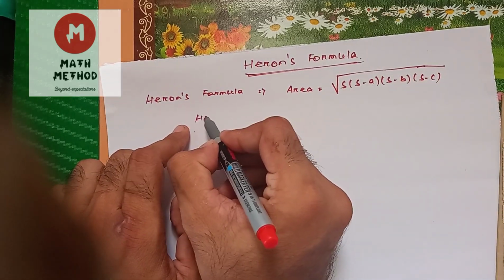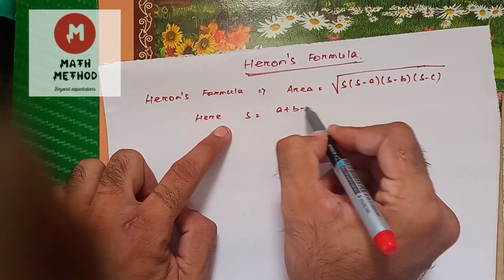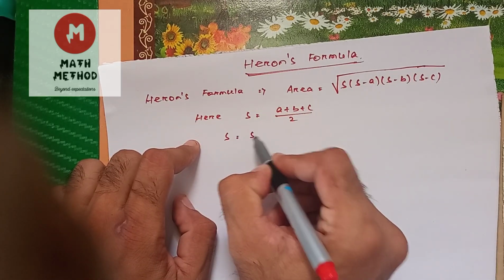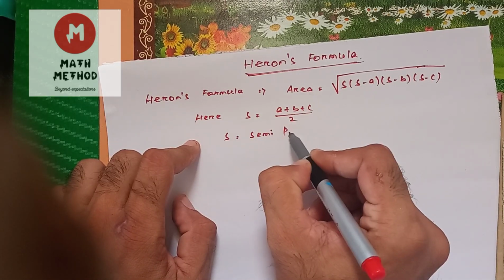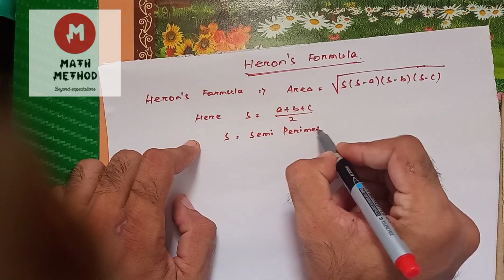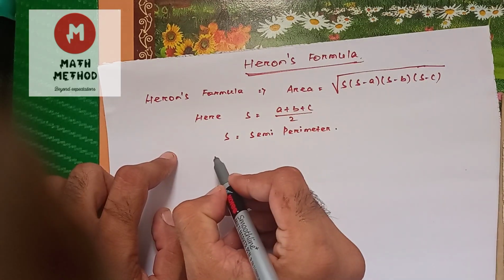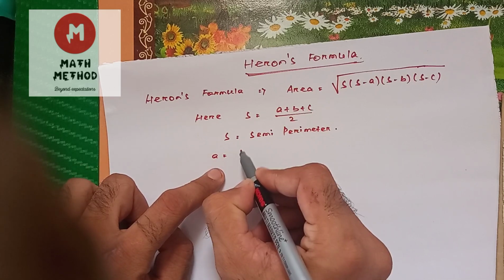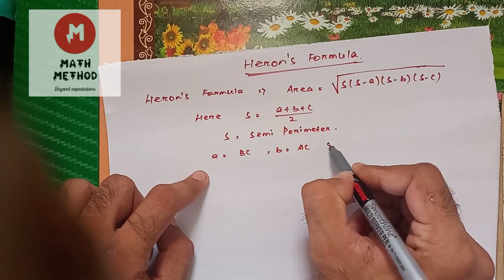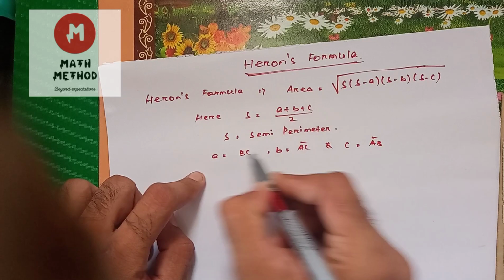Here s is equal to a plus b plus c by 2, which means s is our semi perimeter. Clear? Now a is equal to BC side, b is equal to AC side and c is equal to AB side. Clear?